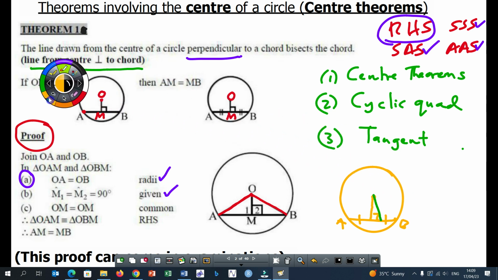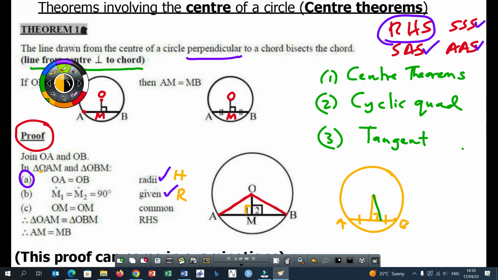I'm sure you can agree with me that in triangle AOM, OA is going to be the hypotenuse because this angle is 90, and the side opposite the right angle is the hypotenuse. So you're going to have your hypotenuse, then your right angle there. So what's left is just any side. The other side is going to be OM, because OM is a common side to both triangles.